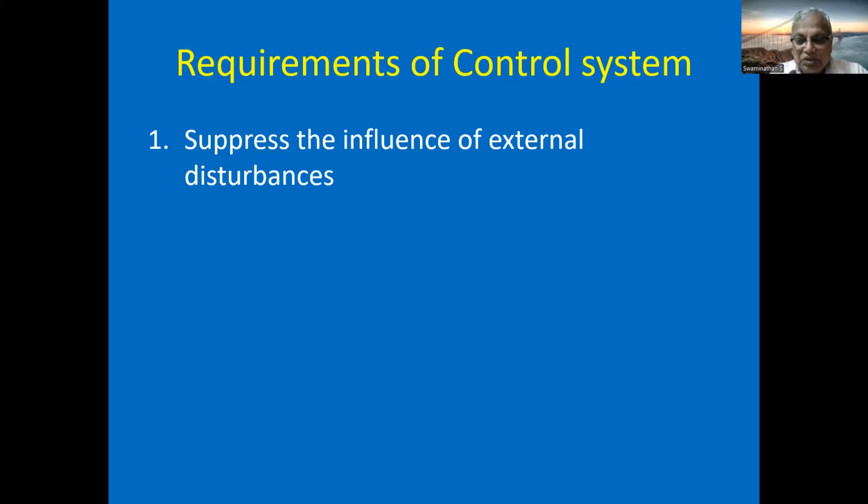But suppose there is a variation because of external disturbances. Suddenly the inlet temperature of the oil goes below 30 degrees. It is not 30 degrees as you had designed for or specified. Some particular hour it becomes 20 degrees.